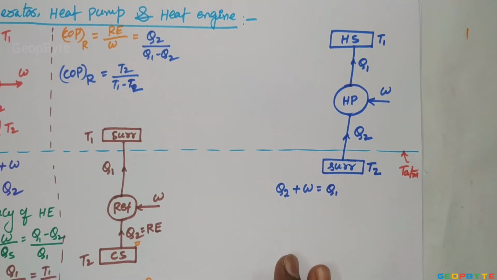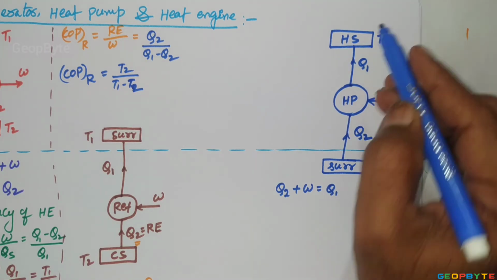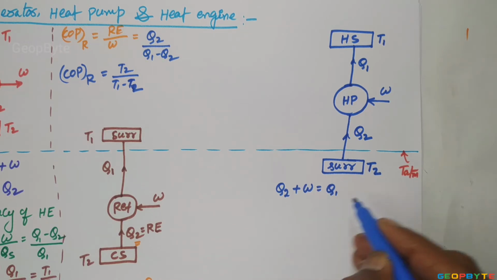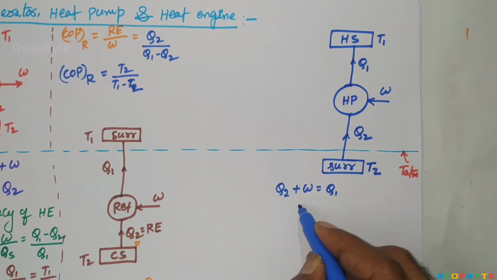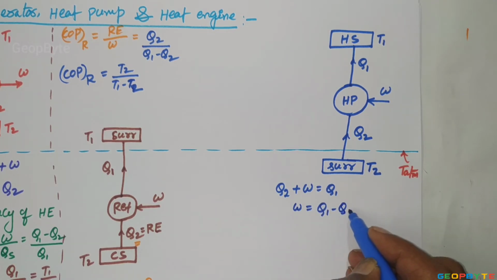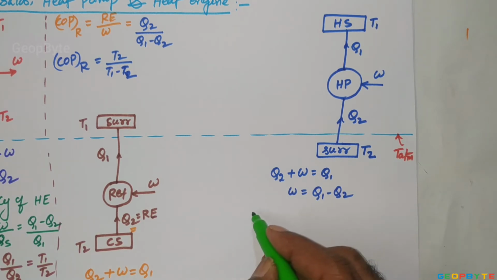That means in the heat pump, we are utilizing Q1 as the energy for the warming effect, and in the refrigerator, we are utilizing Q2 for the cooling effect. From this, the work input equals Q1 minus Q2.